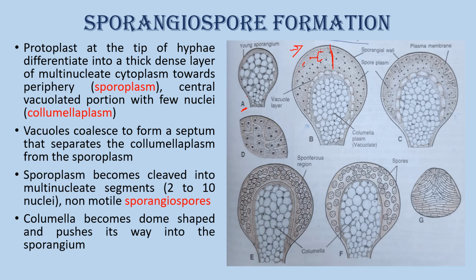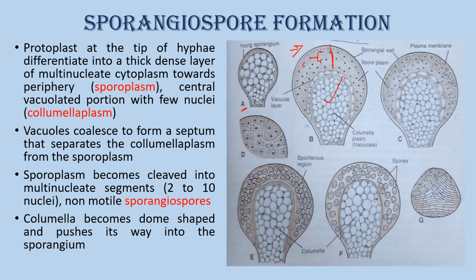These are the nuclei. And in the central region, we see that it is highly vacuolated. So in the terminal region of the sporangiophore, we see a dense peripheral cytoplasm and a vacuolated central region.